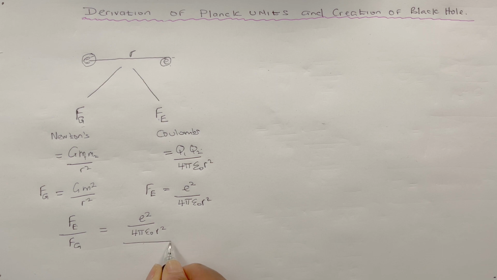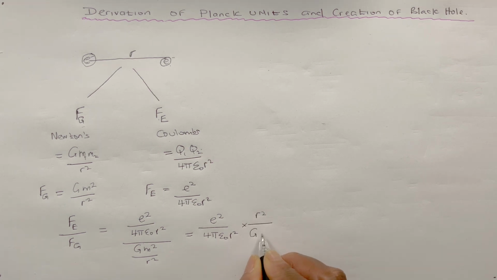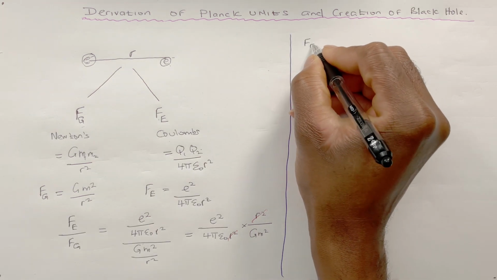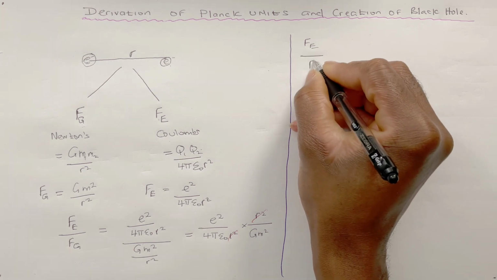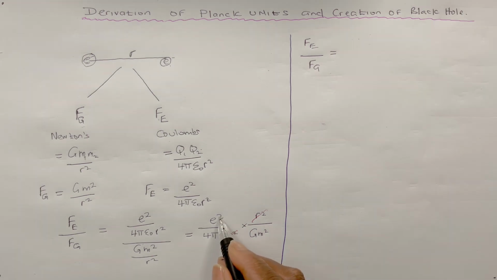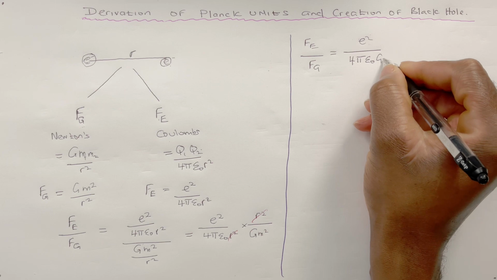So that ratio becomes e squared over 4 pi epsilon naught r squared times r squared over big G m squared. As you can see, the r squared will cancel out. The ratio F_E, the Coulomb's force over the Newton's gravitational force, will be e squared over 4 pi epsilon naught big G m squared.